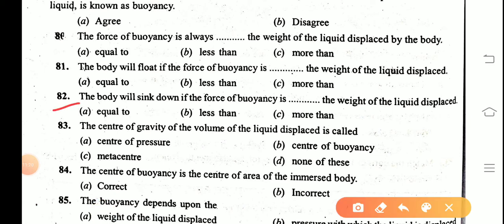The body will sink down if the force of buoyancy is dash the weight of the liquid displaced. बॉडी किस कंडीशन में डूब जाएगा जब फोर्स ऑफ buoyancy लेस देन द weight of the liquid displaced. Okay. Now 83. The center of gravity of the volume of the liquid displaced is called center of buoyancy.